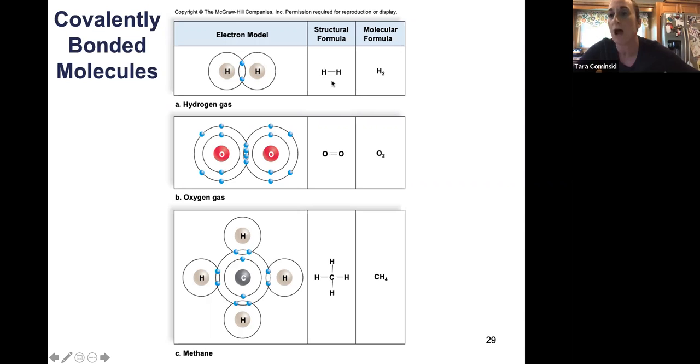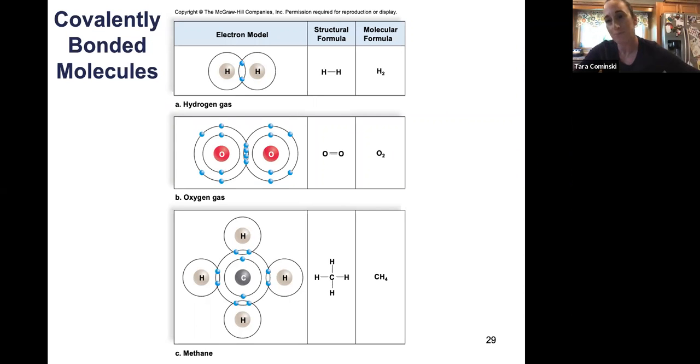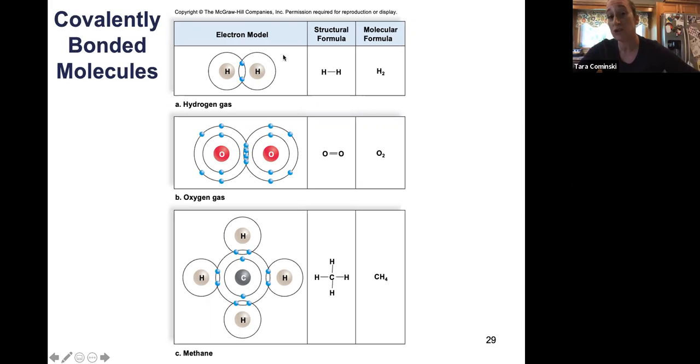Is that polar or non-polar? Polar, yes or no? No, correct, they're not polar. Why? Their electrons are shared equally. Correct, their electrons are shared equally.